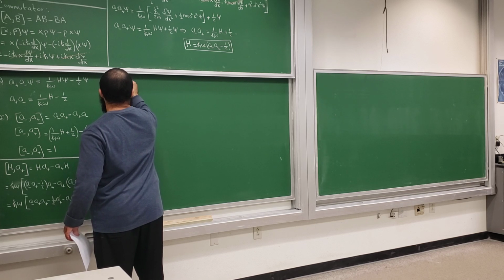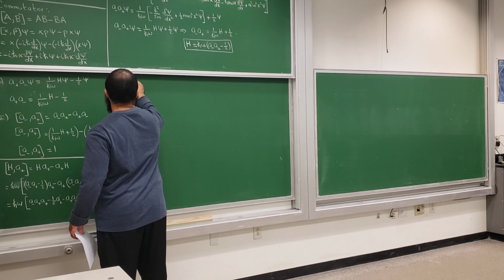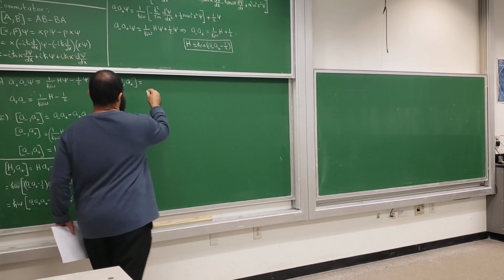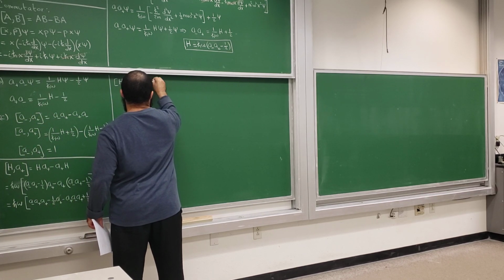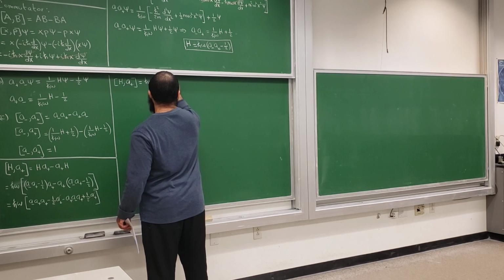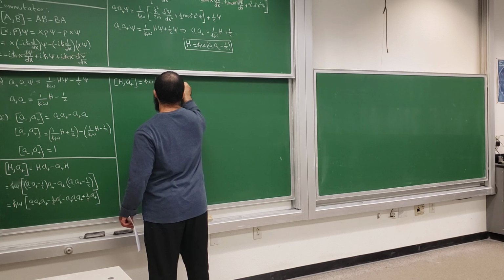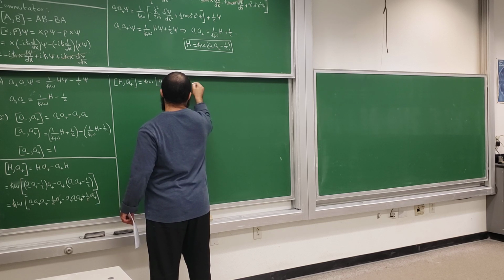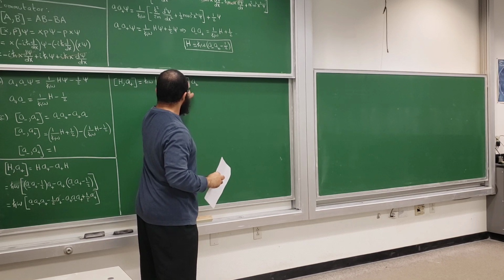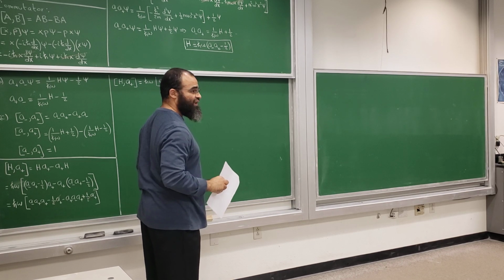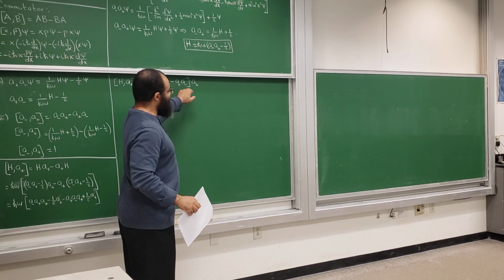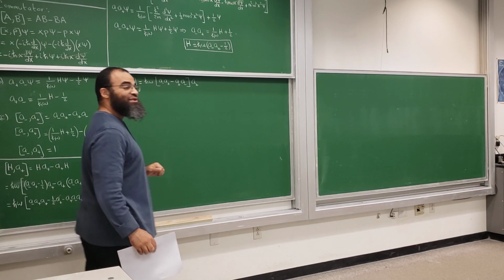H A plus will equal to H bar omega times A minus A plus minus A plus A minus, and then A plus, right? You agree when I multiply from the right by A plus, I get the same thing, right? So now, what is A minus A plus minus A plus A minus? That is 1, right?